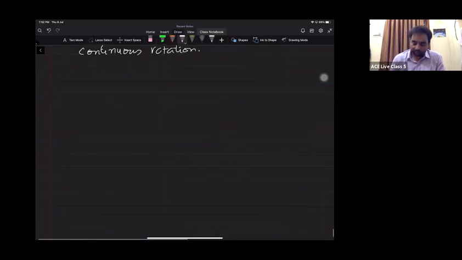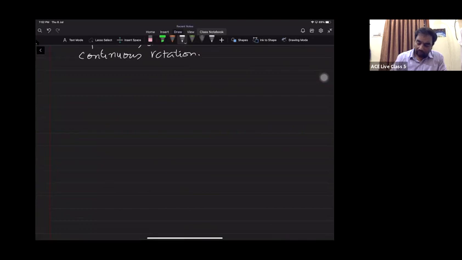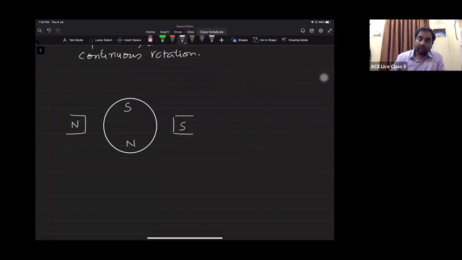Let us see. I'll be considering an armature like this, which is designed for 2 poles. Let it be south, let it be north. Then I'm having a field pole north and a field pole south. Then you can see there is an attraction, there is a repulsion, there is an attraction, there is a repulsion, and hence there is a continuous rotation.